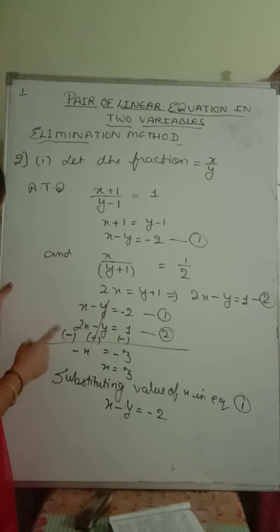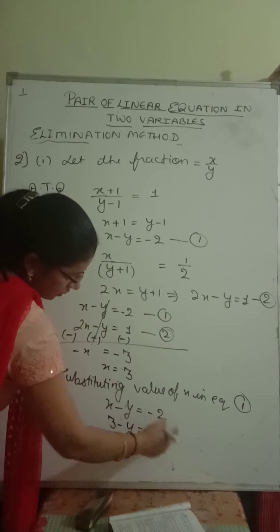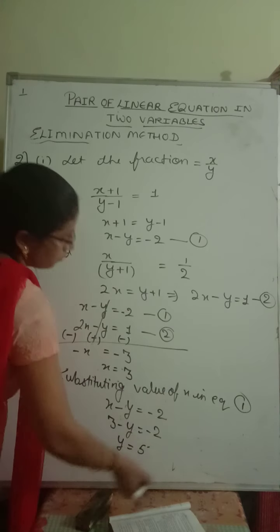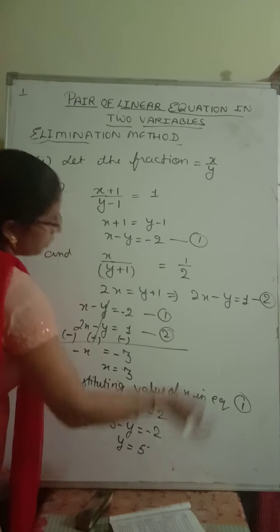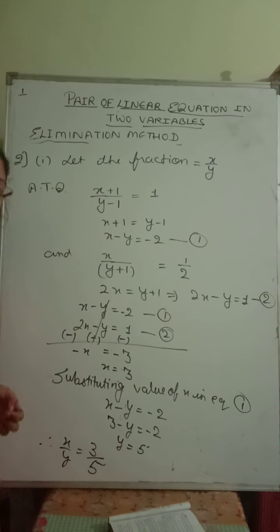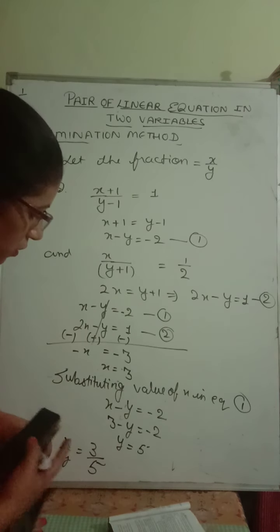What is the value of x? 3. 3 minus y equals minus 2. Minus y इधर send करो, plus 2 इधर send कर दो, so y is equal to 5. Therefore our fraction is, what is x? 3 upon 5. Okay, so our fraction is 3 upon 5.